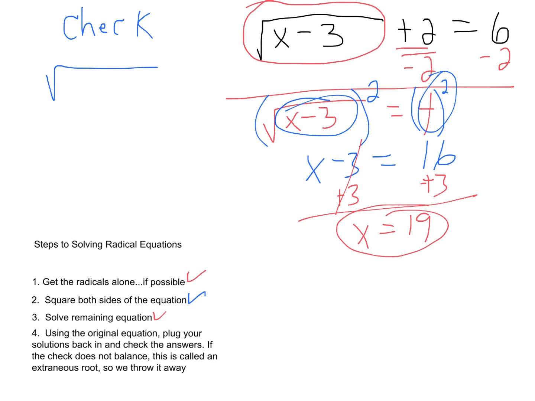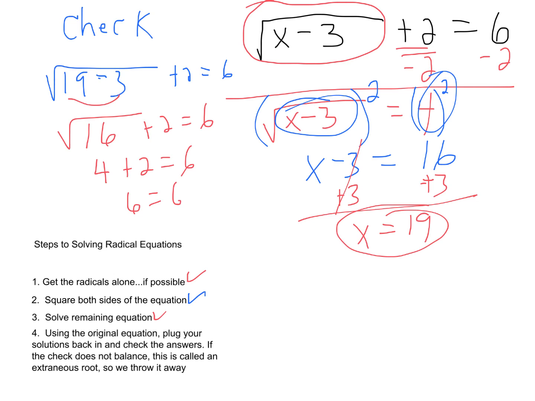Radical 19 minus 3, plus 2, is supposed to equal 6. Let's work this out. Radical 16 plus 2 is equal to 6. The square root of 16 is 4, plus 2 is equal to 6. So 6 equals 6, and we know we're set.